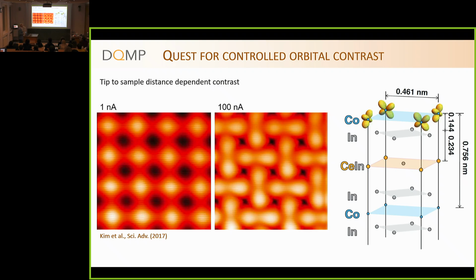What would be nice now is to do this with a tip, where you could choose the end atom with a certain orbital configuration and do this on and off, not with distance, because I mean, tunneling at 100 nanoamp, that can be pretty destructive. So I don't know how long they keep this resolution, but this is really quite difficult.